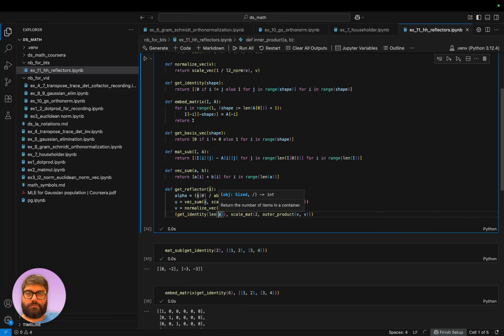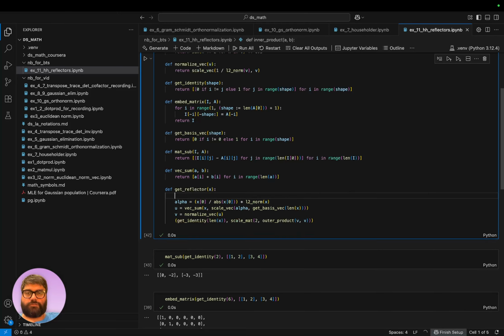Actually, instead of doing len x twice, we'll do shape equals len x. And then wherever I use len x, like over here, shape. We'll do shape again.